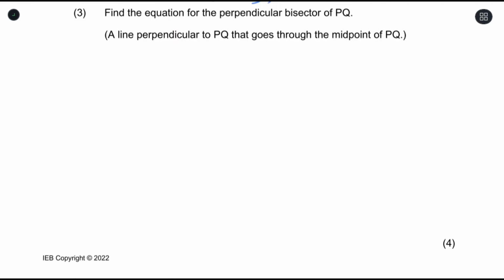That's it. Now, question 3 says, find the equation for the perpendicular bisector of PQ. They define what a perpendicular bisector is. It is a line, a perpendicular line to PQ that goes through the midpoint.